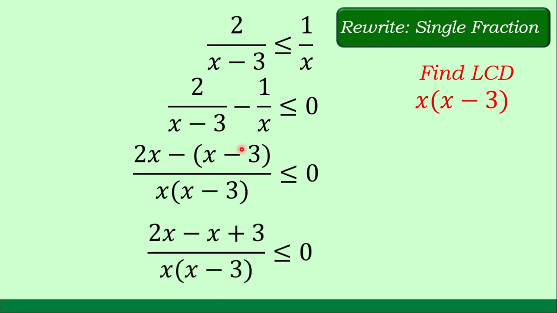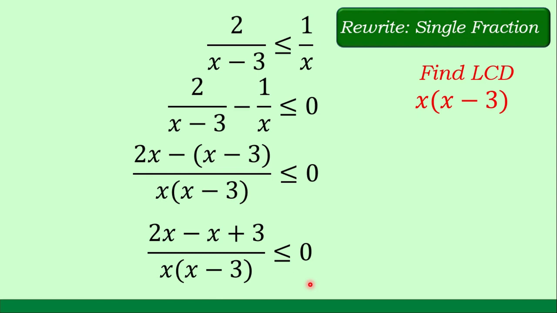So I copied 2x minus x because that's negative times x. You have negative x here. Negative times negative 3 will give you a positive 3. And I copied the LCD, or the denominator, and the rest of the inequality.